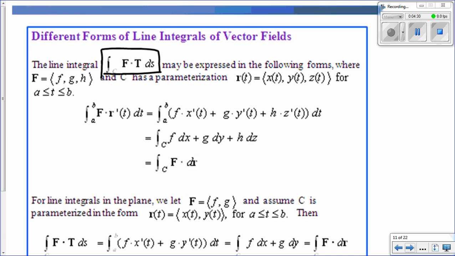Now recall that the tangent vector t is equal to r prime of t over its magnitude. It's that tangent unit vector. And so if we start with our curve r of t, we can get r prime of t by taking the derivative, and then the tangent vector is just the r prime of t vector divided by its magnitude. So I'm going to replace the t with r prime of t over its magnitude.